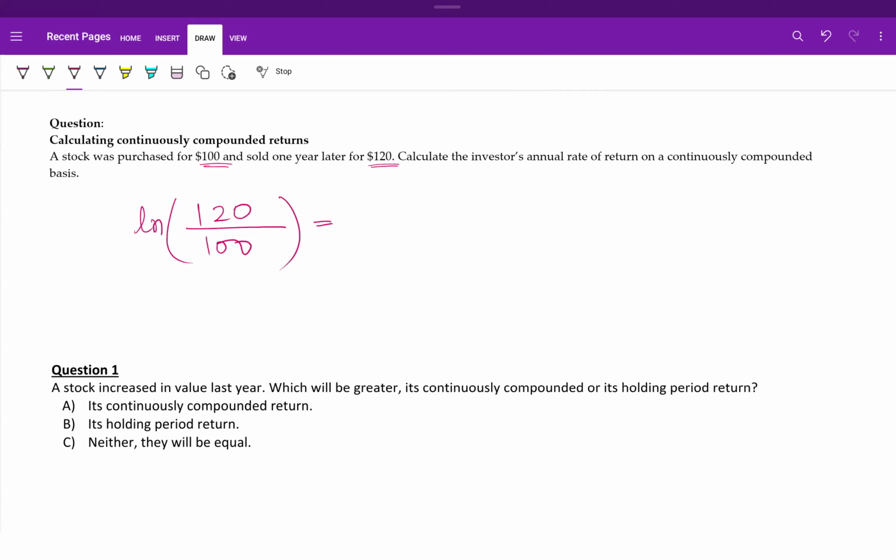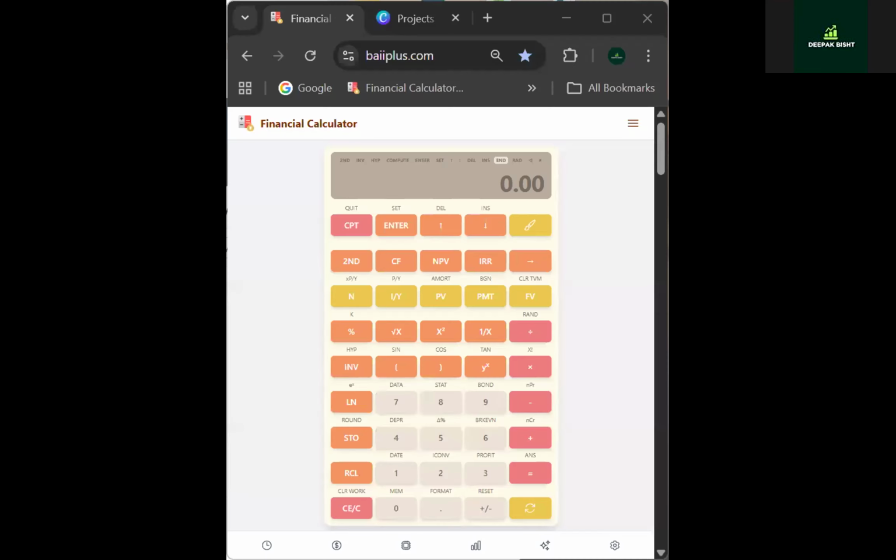I'm sharing my screen. It's very simple. We divide 120 by 100.